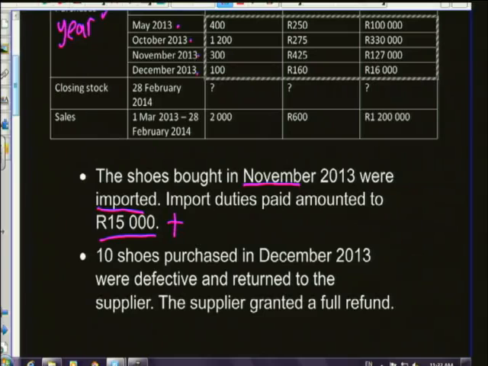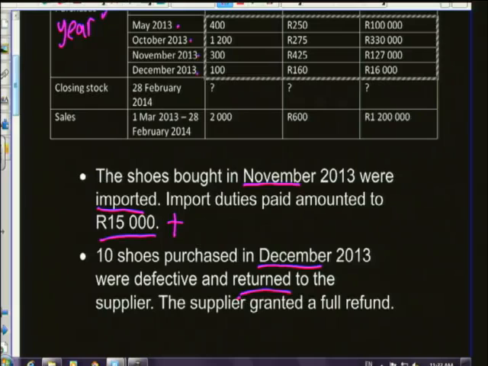Right, next bit of information. 10 shoes purchased in December 2013 were defective and returned to the supplier. The supplier granted a full refund. Also very, very important, something that you definitely, I'm sure you're familiar with.